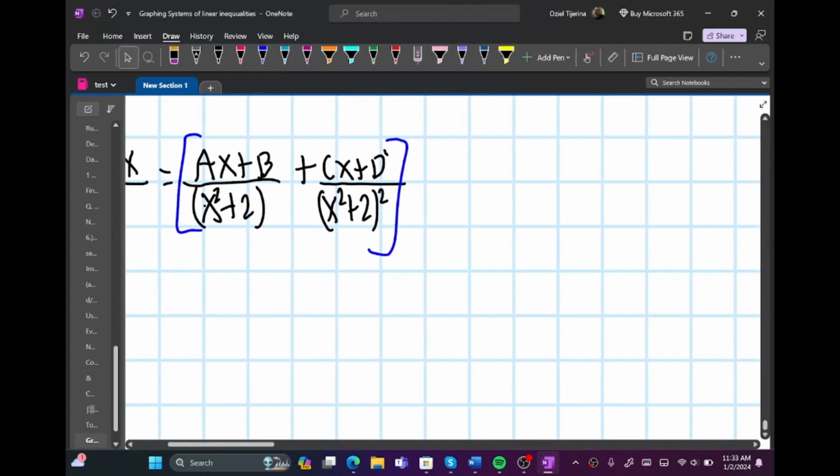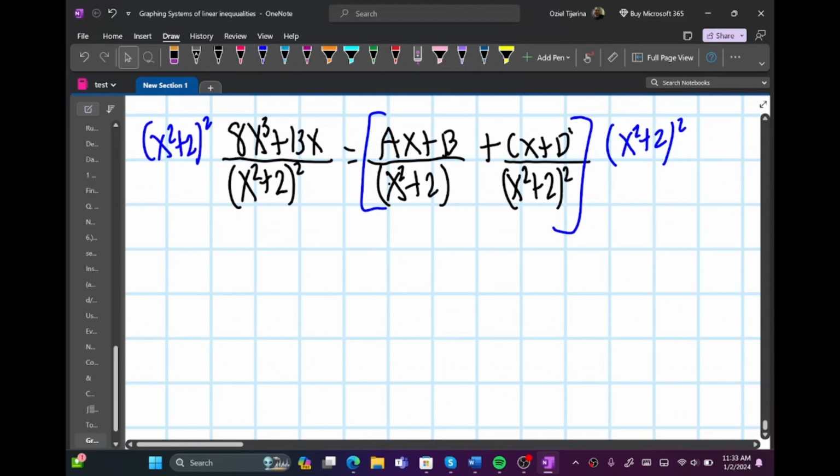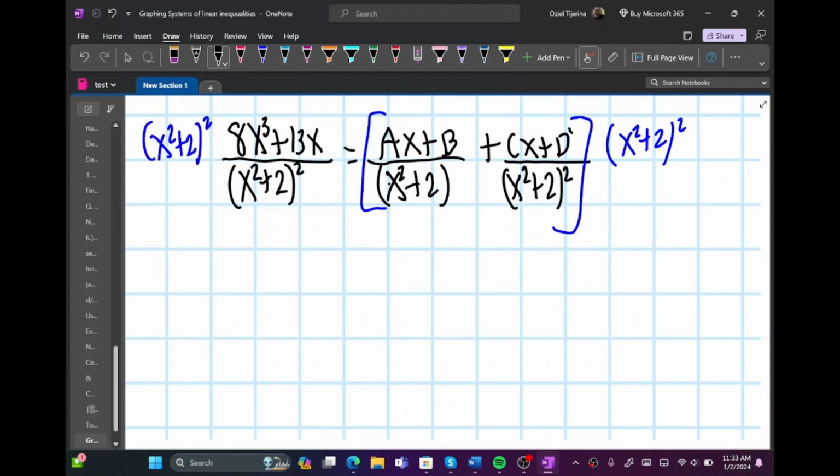Now, you need to be careful when you do this, guys, because you need to distribute that binomial squared into the equation on the right. So we have to use the distributive property.